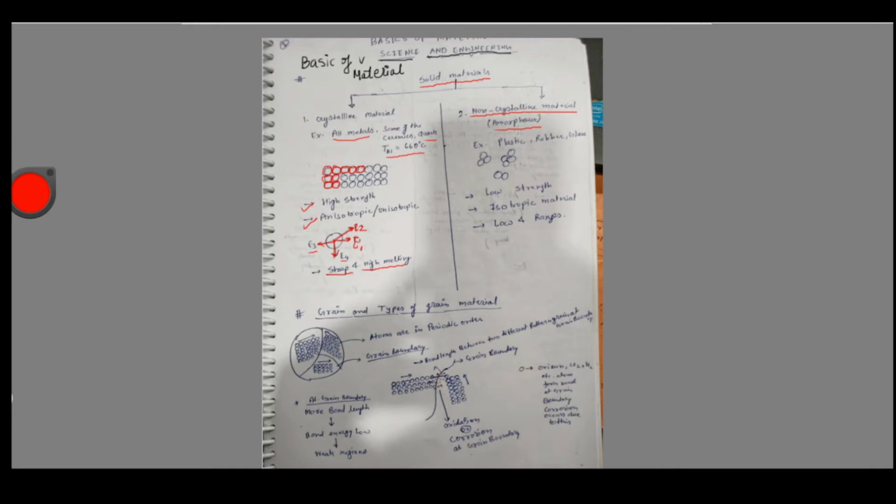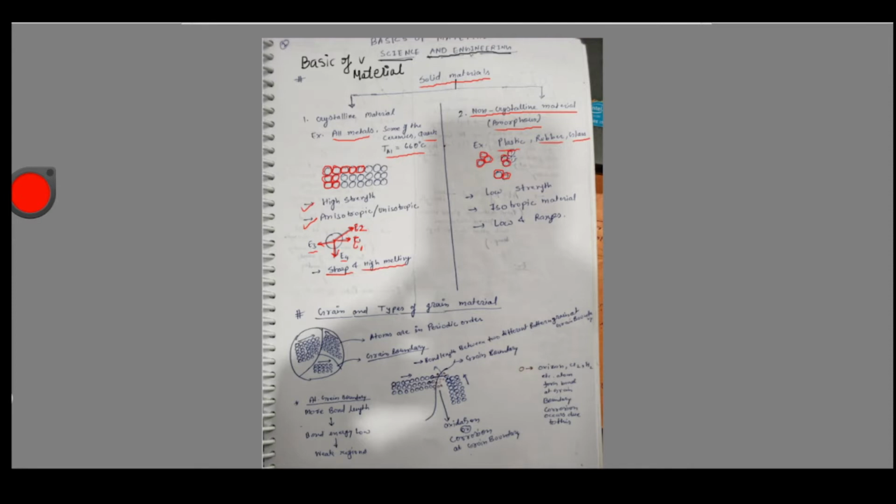Examples of non-crystalline material are plastic, rubber, glass. The arrangement of the atoms is not symmetrical or pattern-wise. It is random. Somewhere it is like this, so it is not symmetrical. The arrangement of the atoms is random.